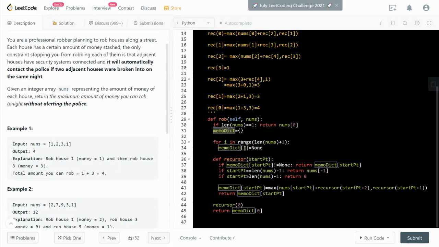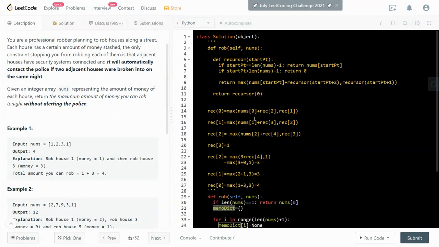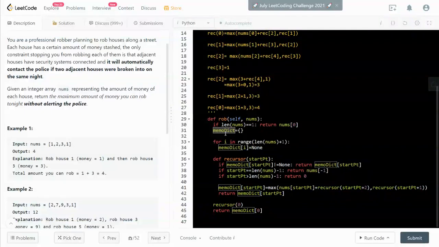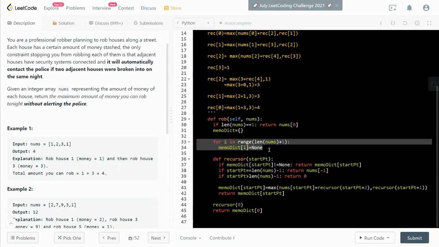So the key would be the starting point, and the value would be the amount of money for the sub-problem that we are looking at from that point, as we saw before. So basically, the memo dict is to store all the intermediate step results. And we can initialize the dictionary by using the keyword None everywhere as the values.